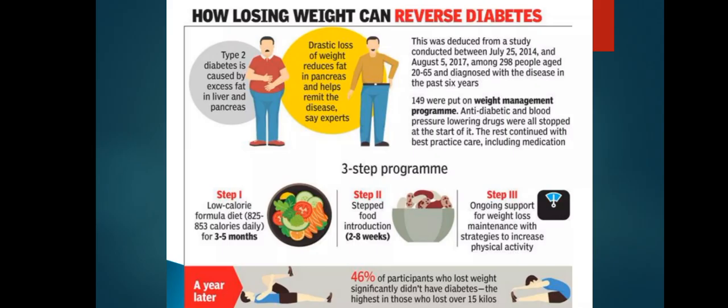This is a research done in 2014. This research involved 298 people, their age in the range of 20 to 65, and they all suffered from diabetes.